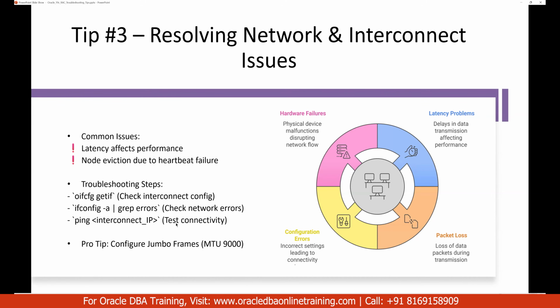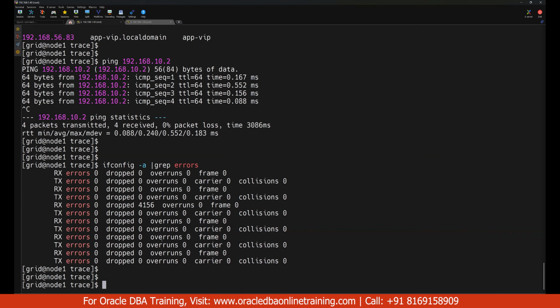Now, the pro tip here is that while you're requesting network configuration for RAC, you have to tell your network engineers that the MTU size should be 9000. It basically indicates how big the data can flow over the network interconnect channel. The MTU value should always be 9000 because the default value is 1500.